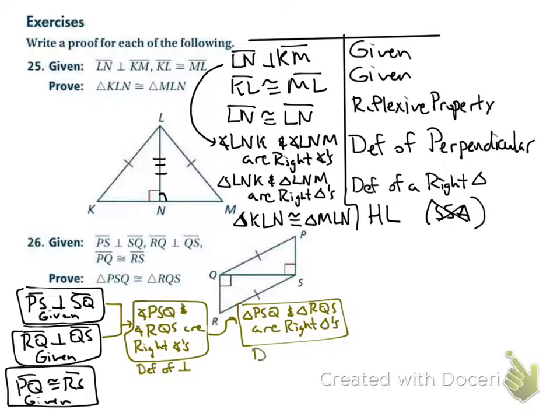The next one is the definition of right angles, or right triangles, we should say. So now we have right triangles. We have the sides PQ and RS. We also have that QS is congruent to QS by the reflexive property.